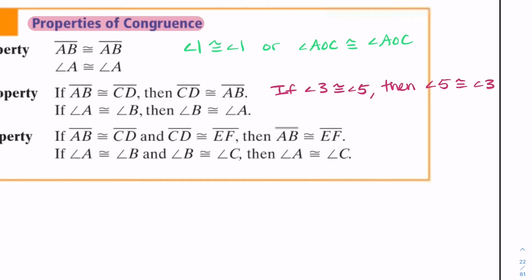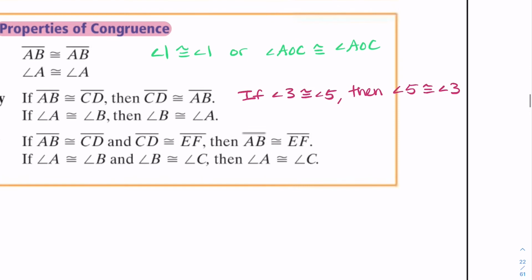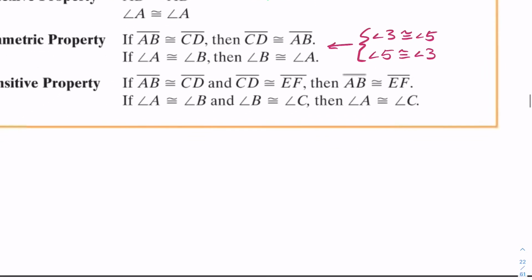And then for this last one, the transitive, let me write it a little different. I'm going to write it in a linear form, because this is what you'll see most of it. You'll see that, going from one to the other. This is the symmetric property. And then here's a version of the transitive.